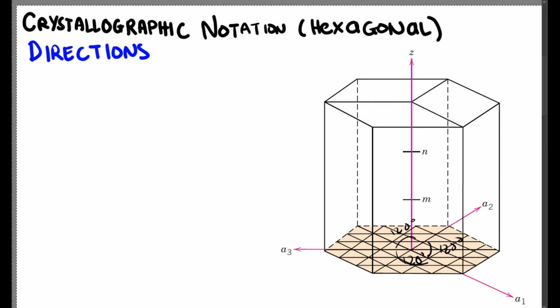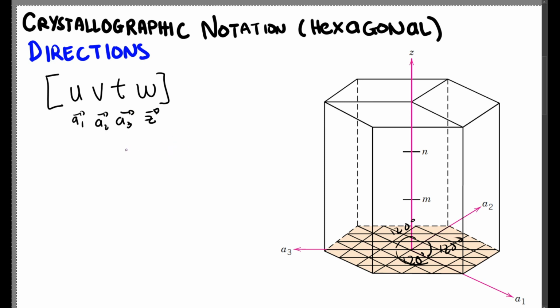Our directional indices are represented by u, v, t, w, which correspond to movements of the vector along a1, a2, a3, and z, respectively.